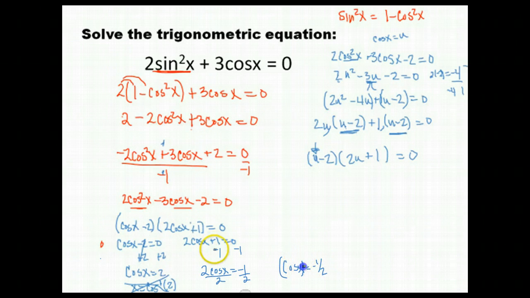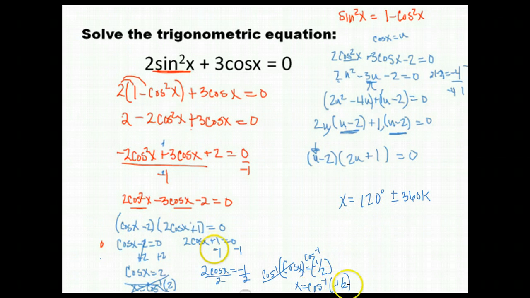You can find that by doing the arc cosine or inverse cosine on both sides. So x is the arc cosine or inverse cosine of negative 1/2. Right, so if you put that into your calculator, you will get x equals 120 degrees. We want to put plus or minus 360k so that we will get every time we go around the circle.